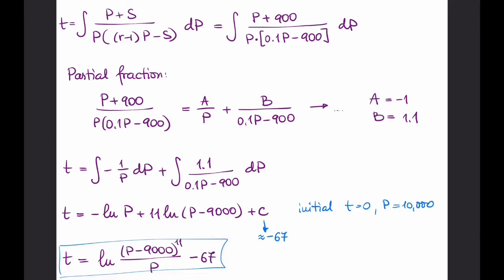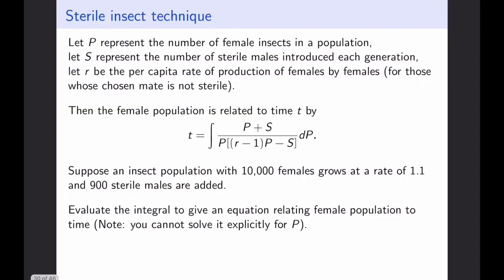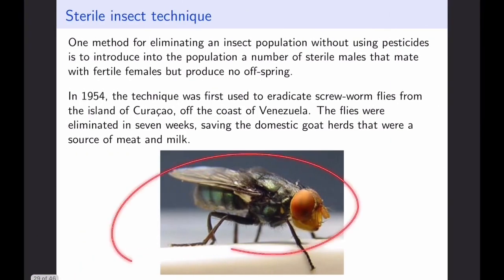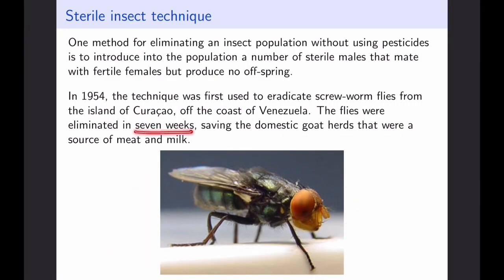Now, this integral being derived, again, both theoretically and experimentally, is actually quite effective in figuring out what size of the sterile population needs to be introduced in order to eradicate the population. So, for example, in the case of the screwworm fly, what we notice is that everything was eliminated in 7 weeks.